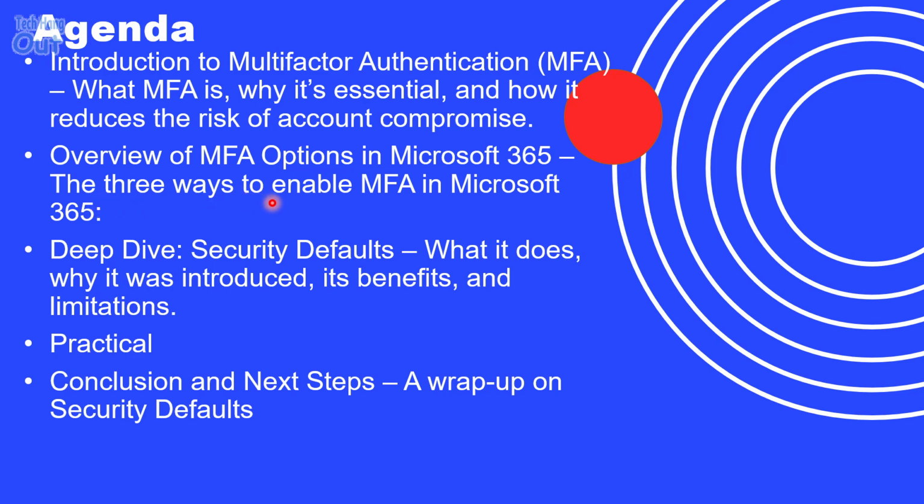So the three ways we can enable MFA in Microsoft 365, and we go to the security default itself, which is the one we are actually focusing on in this class, and what is it and why was it introduced, its benefit and its limitations. And then I would take you through the practical session of how to enable security defaults, and then we wrap it up for today. So let's go.